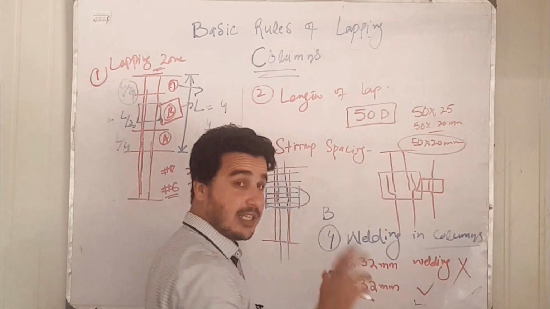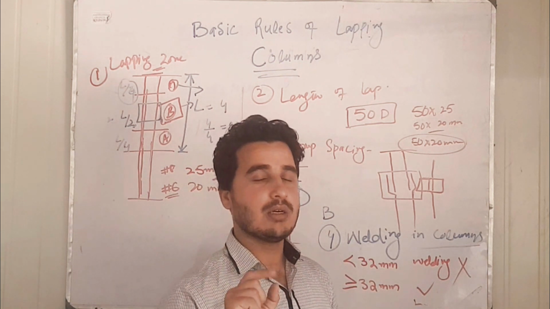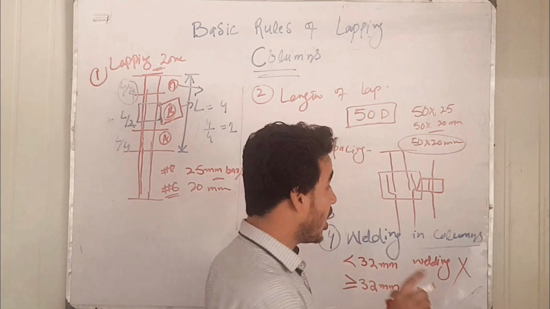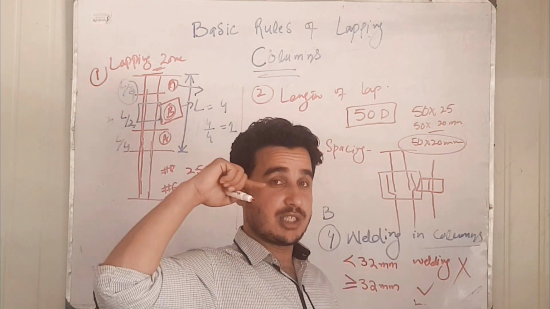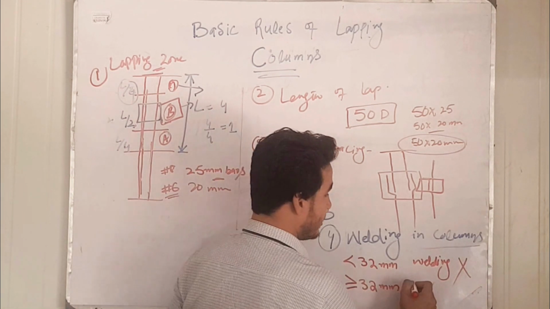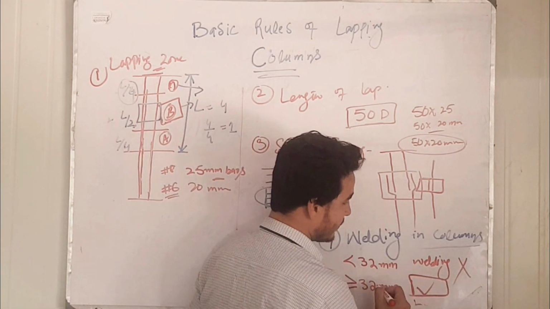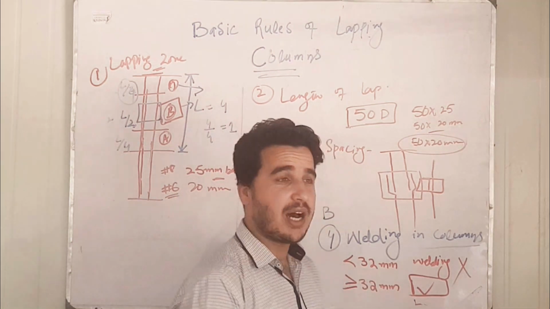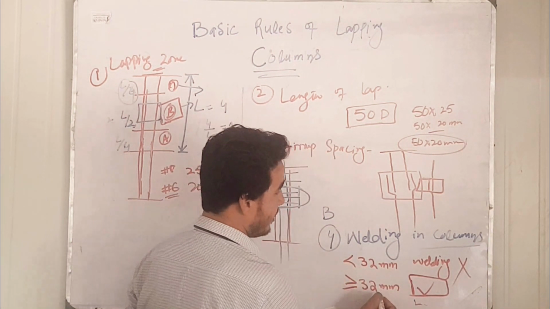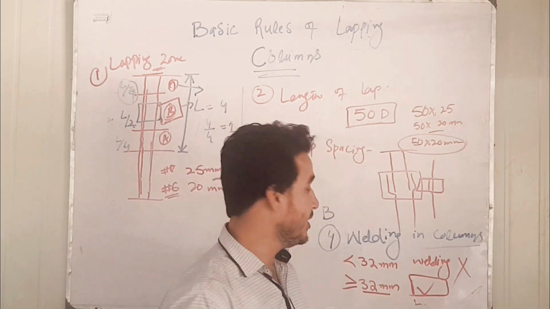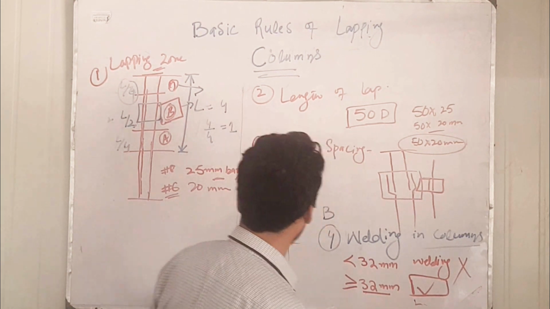Like the first one, and that is not normal welding. Okay, just keep this thing in mind, that this welding is not normal welding. We call it mechanical welding, and this is a specific type of welding which is used for this purpose. So the first thing is the mechanical welding, and whenever you are lapping two different bars of diameter equal or greater than 32 millimeter, then you cannot use simple lapping for this.